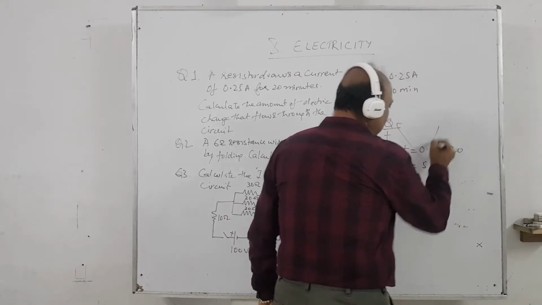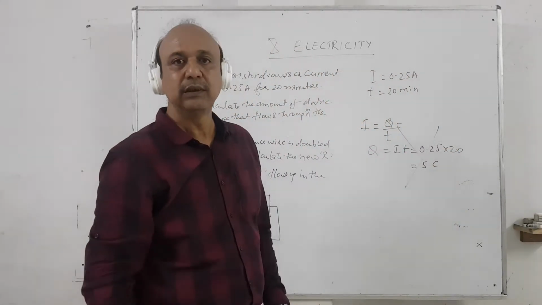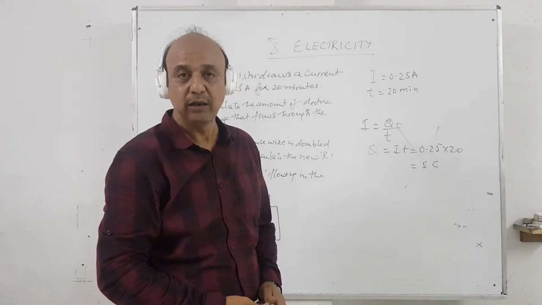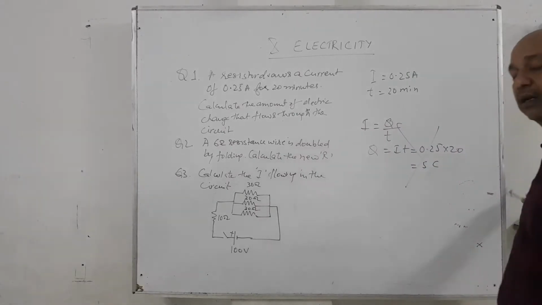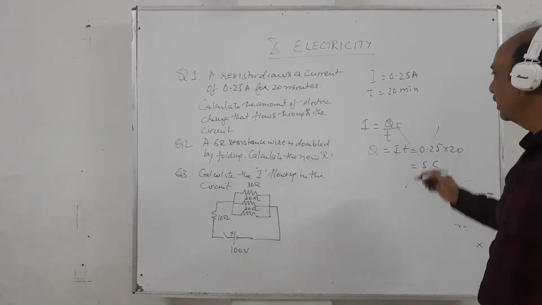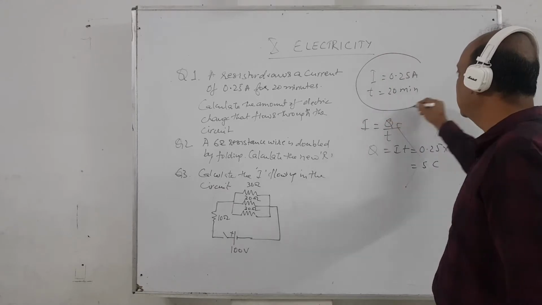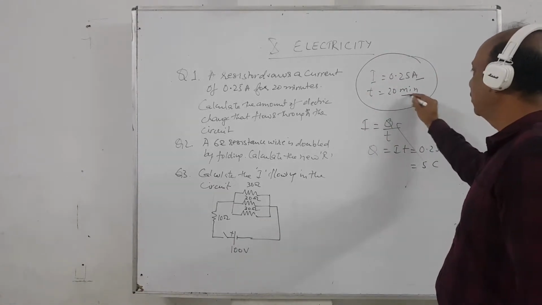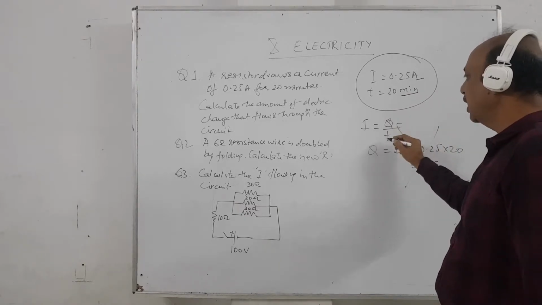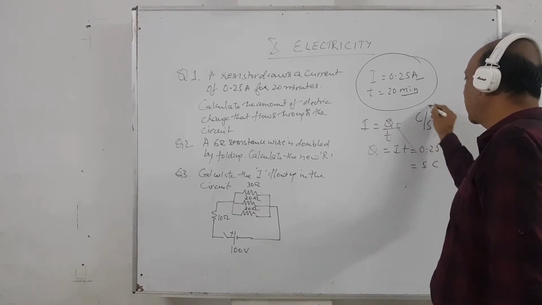But this is wrong. Why? I have been telling every time that we have to see the units. Here it is ampere, minutes, and what is the current? Coulombs per second.